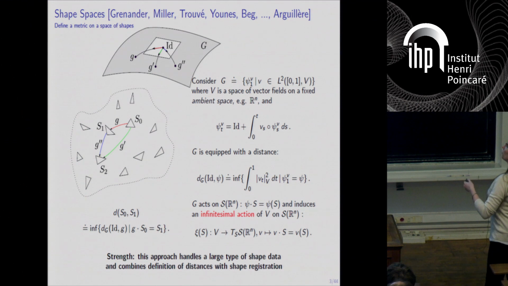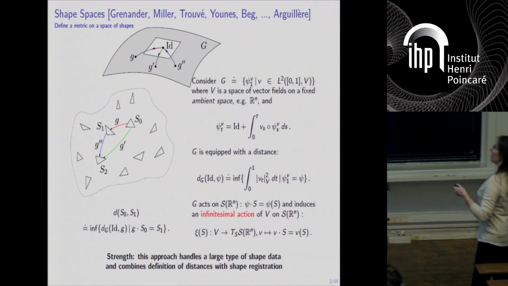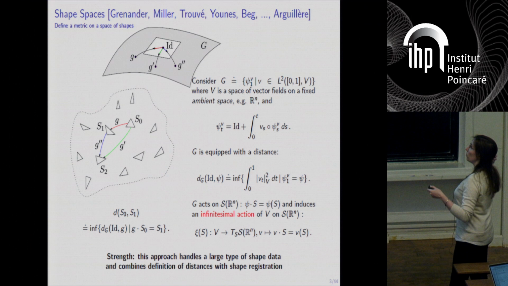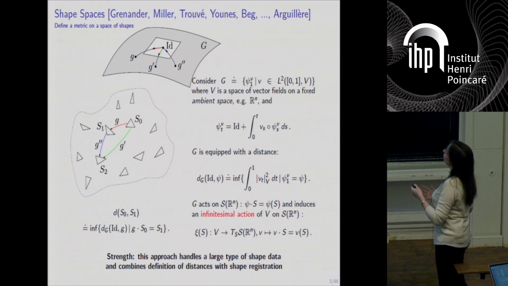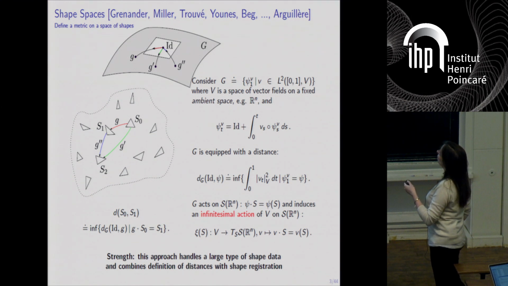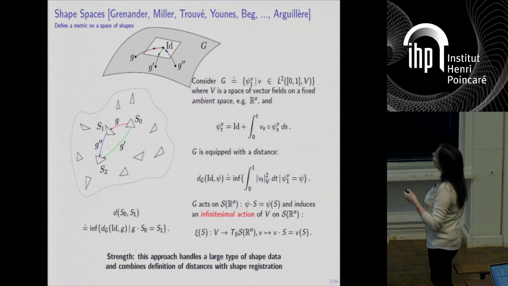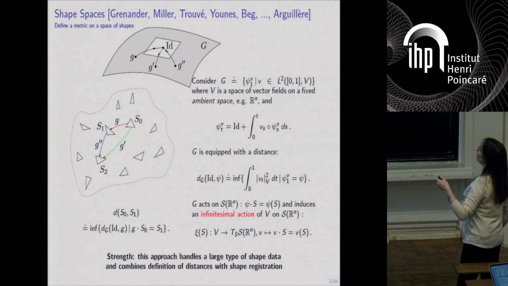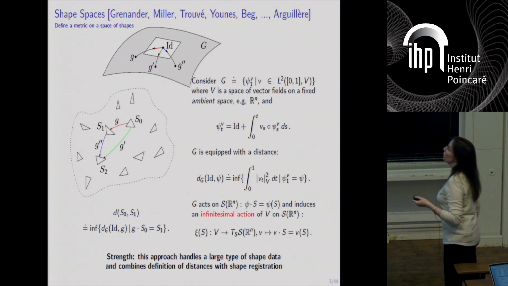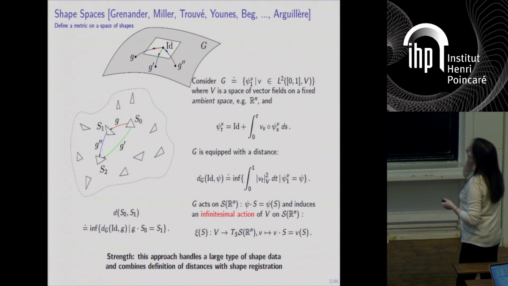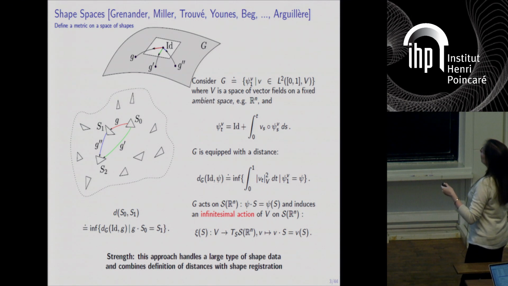So the question is how to build such group of deformation, and the very nice idea is to embed all these shapes in a common ambient space. Then you just have to define a group of deformation on this fixed ambient space, and you adopt a Riemannian viewpoint where you use a Hilbert space of vector fields to play the role of the tangent space at the identity of your group G. Then you can compute continuous path of diffeomorphism by integrating some time-varying vector field.